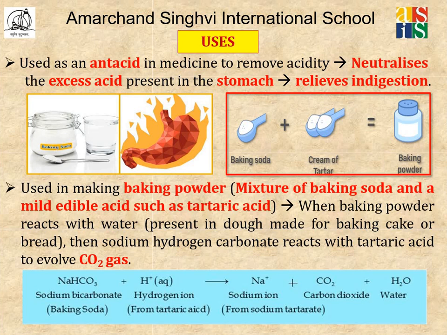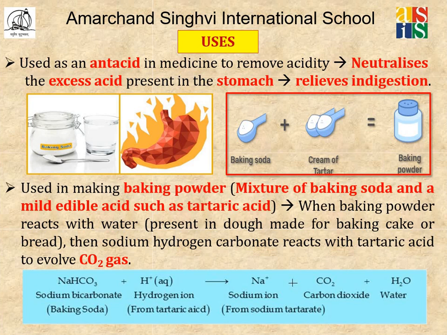as a remedy to cure the problem of acidity. Another use of baking soda, as we already discussed, is in making baking powder. Baking powder is a mixture of baking soda and a mild edible acid such as tartaric acid. When baking powder reacts with water present in dough made for baking cake or bread, sodium hydrogen carbonate reacts with tartaric acid to evolve carbon dioxide gas.